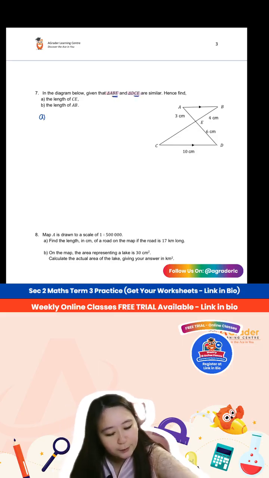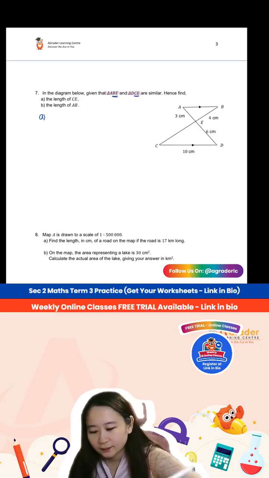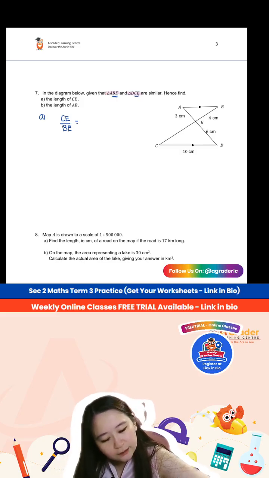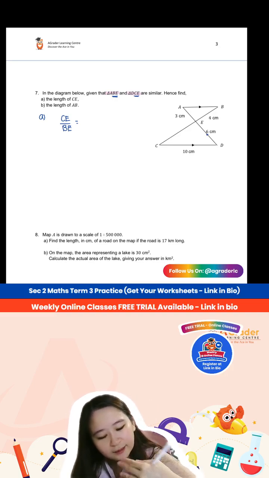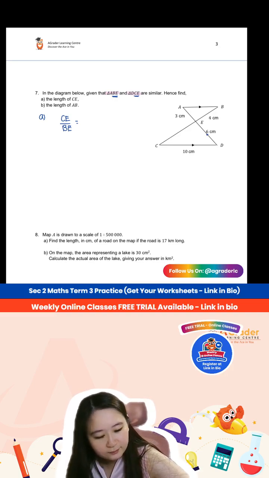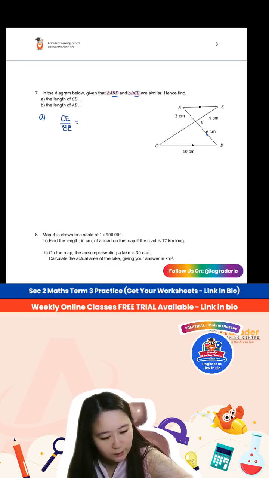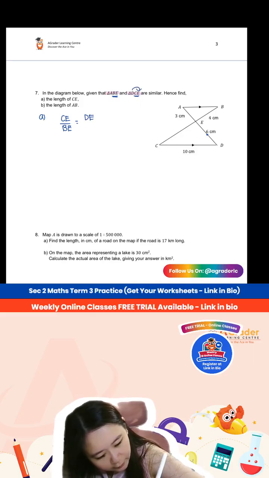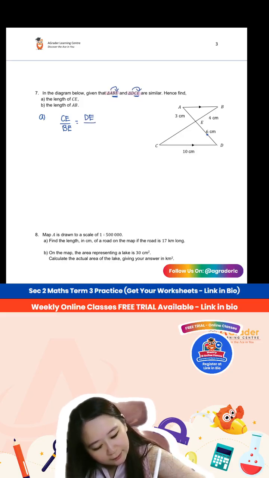So CE will correspond to BE. So CE over BE. And then from this triangle CE, we will use this side, as this side has the length. It will be DE. So DE will correspond to AE.